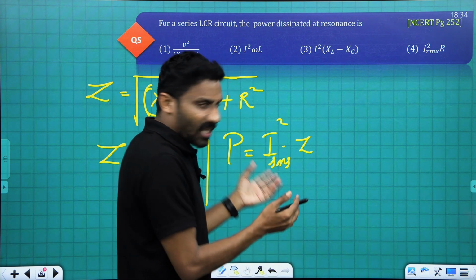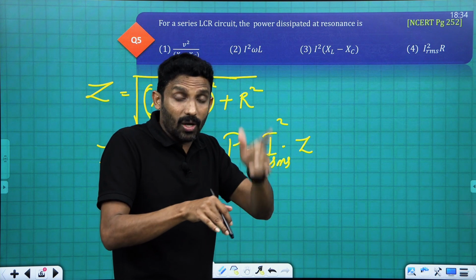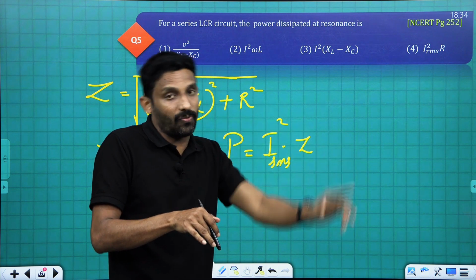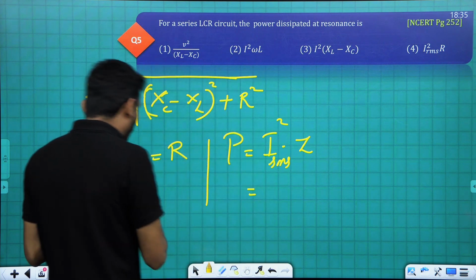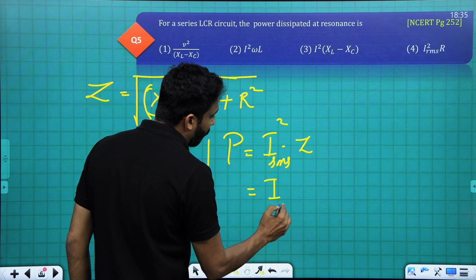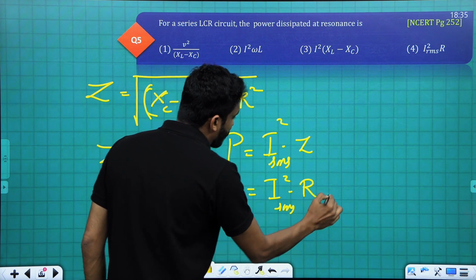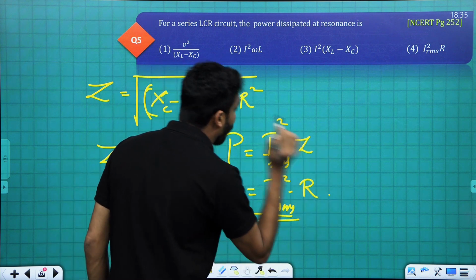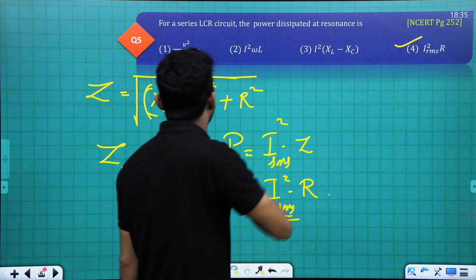So these are the formulas: IRMS square into Z, or VRMS square by Z, or IRMS VRMS into cos phi. Now here the Z value is equal to R. Then what will it be? The minimum power is IRMS square into the resistance. That is the power consumption at resonance, IRMS square into R.